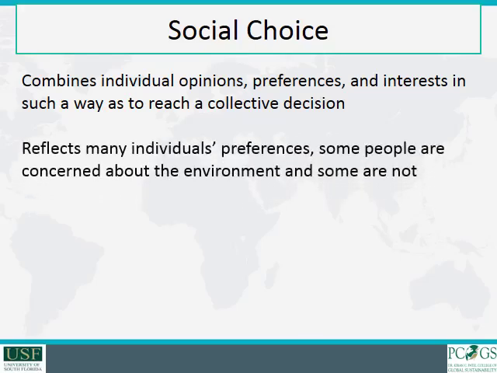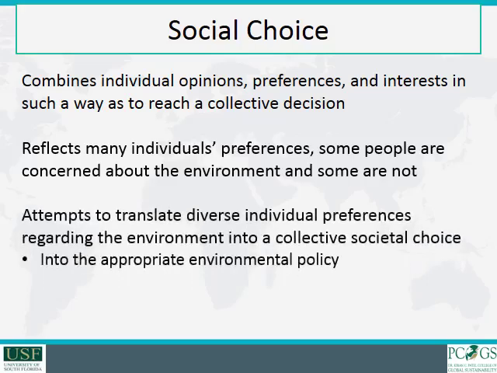Social choice reflects many individuals' preferences, some of whom care deeply about the environment and some of whom don't care about it at all. It attempts to translate diverse individual preferences regarding the environment into a group or societal choice, and to find a way to translate every individual opinion, regardless of how different or strange it may seem, into an appropriate environmental policy.